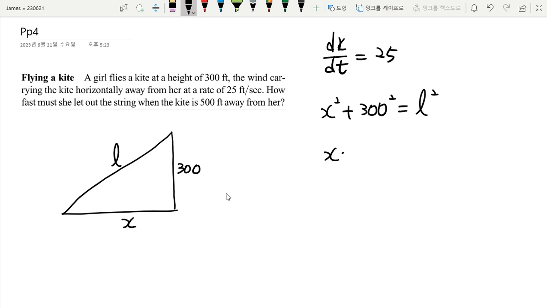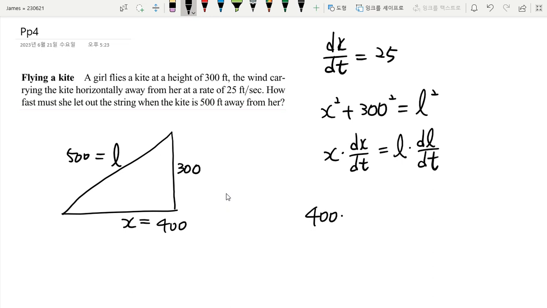So if we differentiate this equation, and then at this instance, the kite is 500 feet away from the girl, so L is 500. So when L is 500, what's the value of x when you use Pythagorean theorem? 400. So x is 400, dx over dt is 25, L is 500.